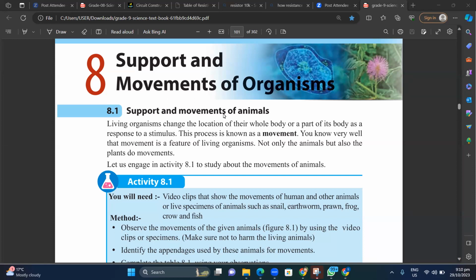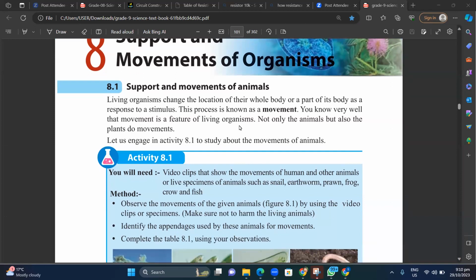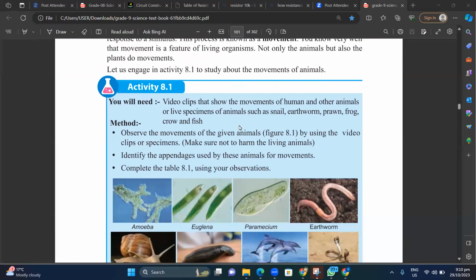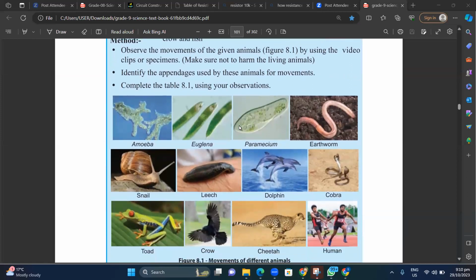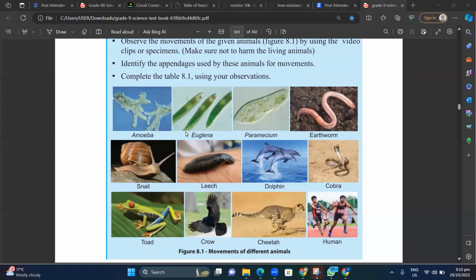Okay, when a living organism changes the location of the whole body or a part of the body in response to a stimulus, that is called movement. And if it is animals moving from one location to another location, we call it locomotion. You can see these are some examples that they have given: amoeba, euglena, paramecium, earthworm. They have taken the entire domain of living things.